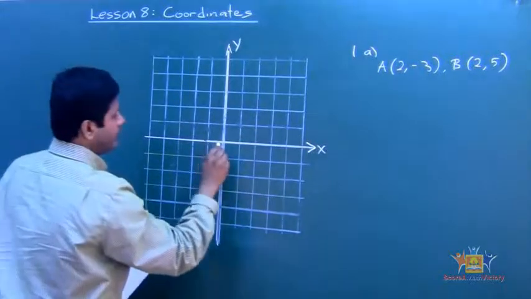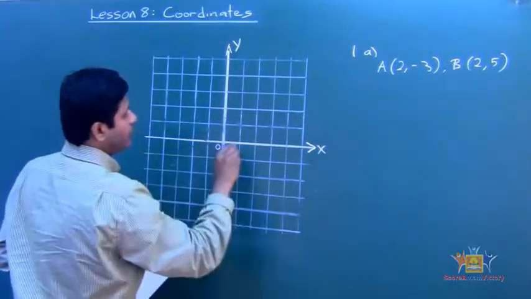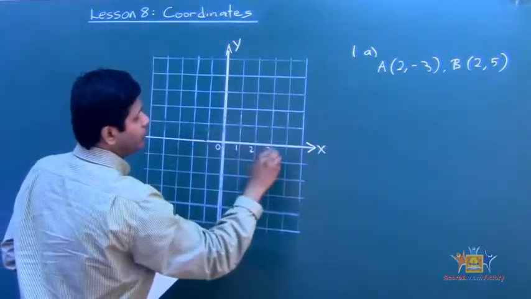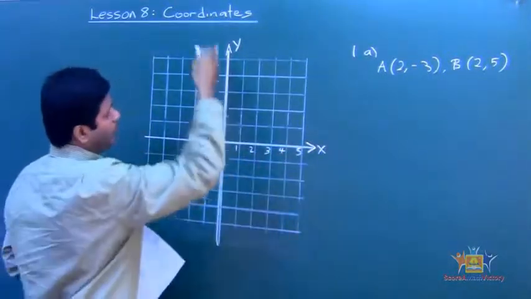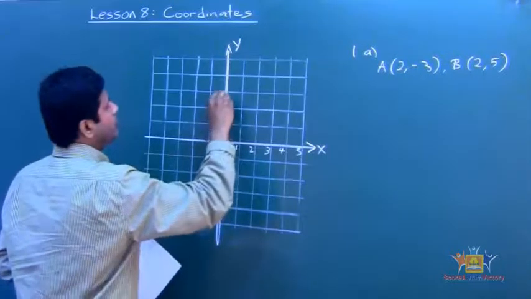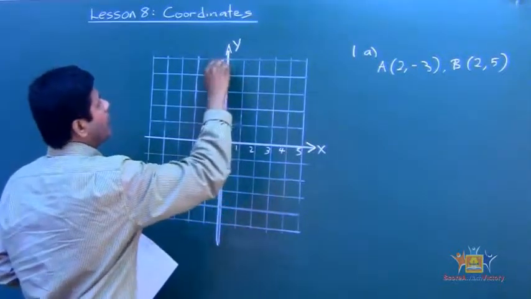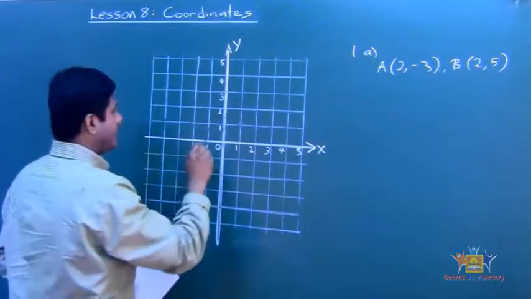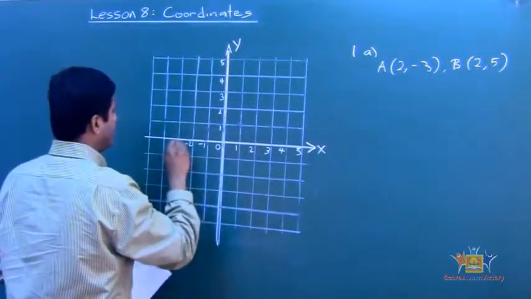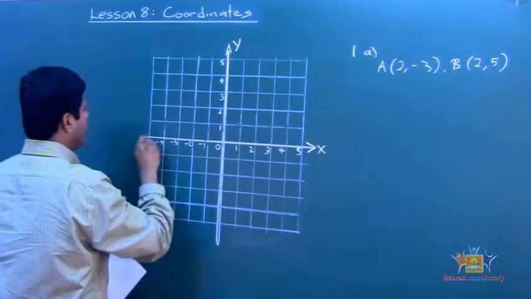So we're going to put the center point, which is the origin, 0, 1, 2, 3, 4, 5. Then we go to the y-axis, 1, 2, 3, 4, 5. And then on the left-hand side of the x-axis, which will be negative numbers, -1, -2, -3, -4, -5.